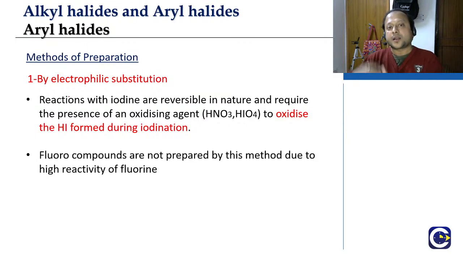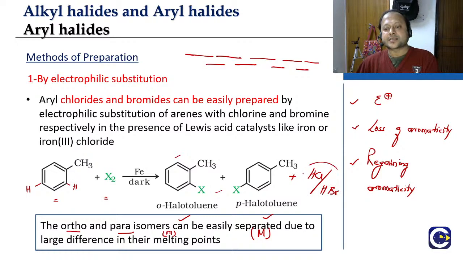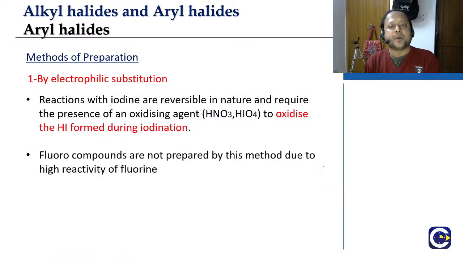In the product, the byproduct is going to be HCl or HBr, and similarly here the byproduct is HI. Now the problem is that HI is again going to react with the final product and give you back the reactant. So it's a reversible reaction.